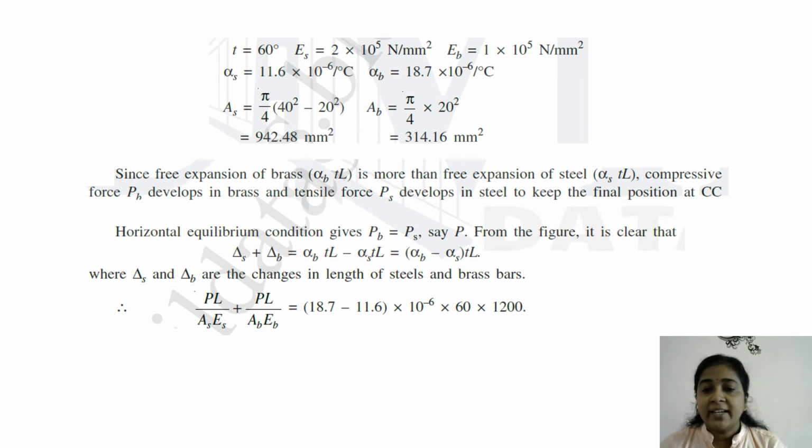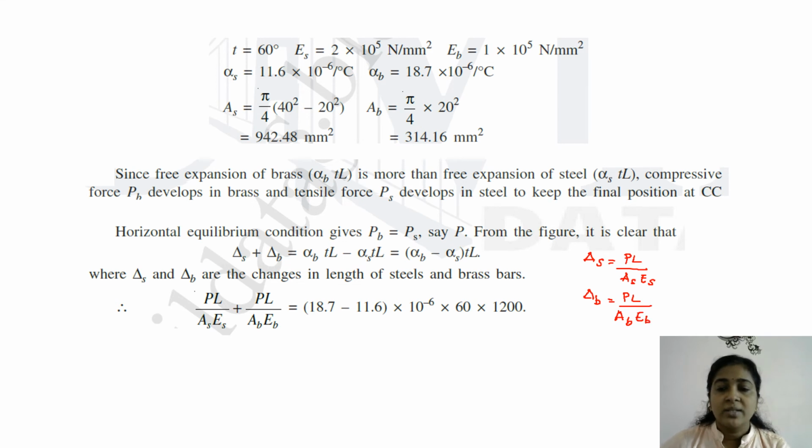And delta S is equal to PL divided by AS ES, that is the increase in length of the steel due to the tensile force P, and delta B is given by PL divided by AB into EB, which is the decrease in length of brass due to the compressive force P.